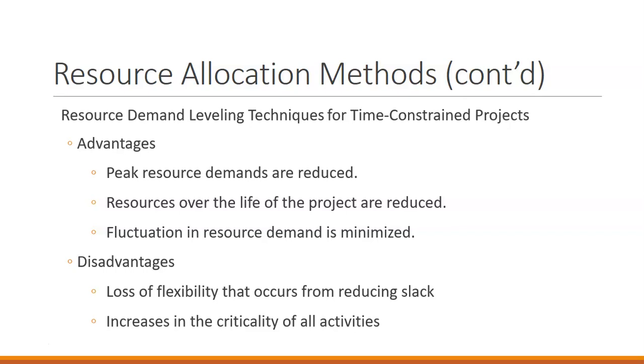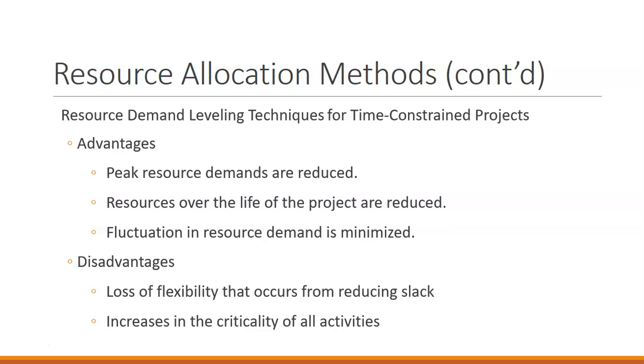When we have resource demand leveling techniques for time-constrained projects, where we took the level of 4 backhoes needed for our botanical garden to 3 backhoes, then we can help to decrease our resource demands at peak times. The resources total needed over the life of the project are reduced, and any fluctuation in resource demand is minimized.